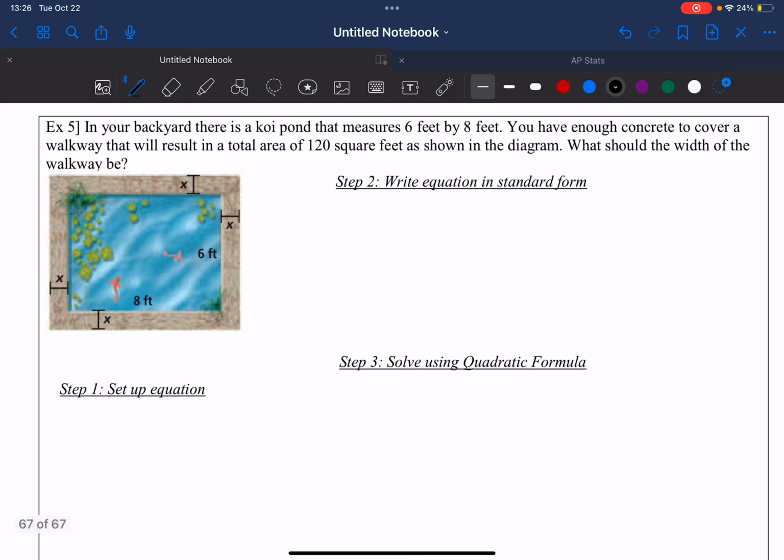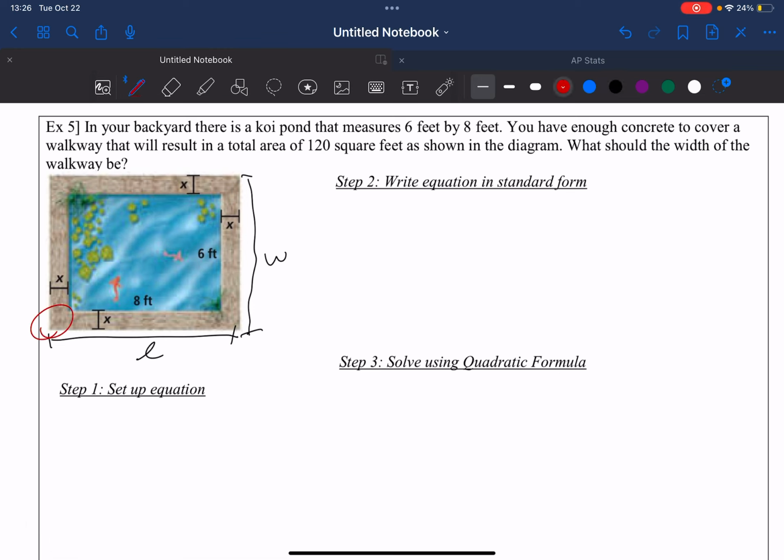Well, first, we need to find the length and the width of this entire thing. So notice we already know part of the length and part of the width. It's going to be that 8 feet and the 6 feet.